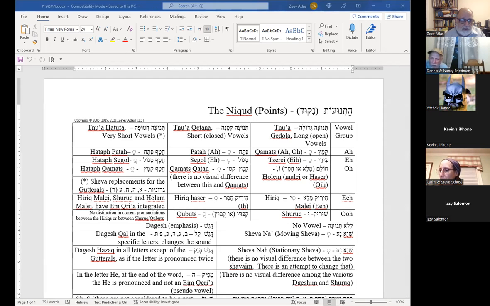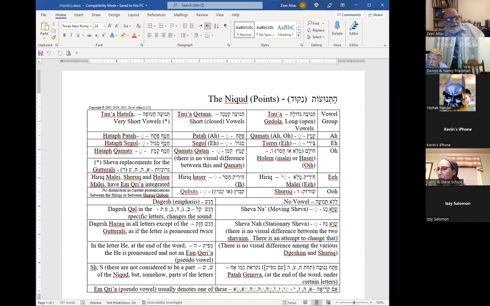Now, this is important because Hebrew has the alphabet, which are consonants, but what about syllables? For example, the word shavar, or shovar, which is to break, has 2 syllables.